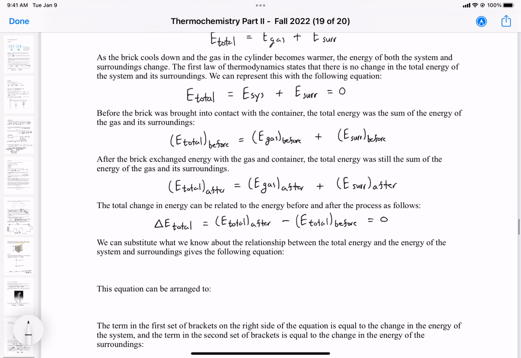Now, in this equation, we can substitute our variables and rewrite the equation above to get the following.